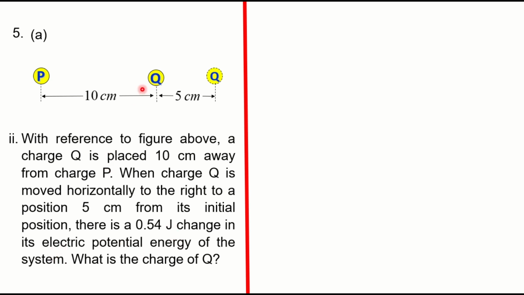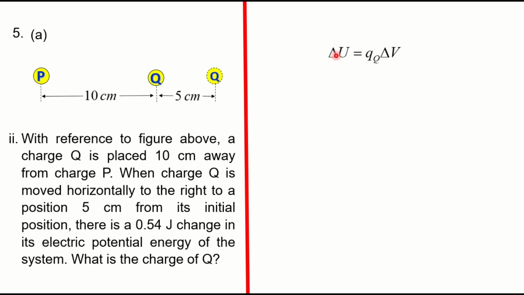So when we move charge Q from here to here, the electric potential energy changes by 0.54 joules.